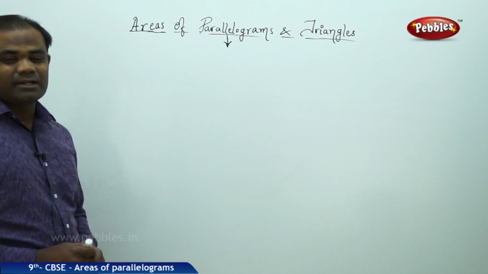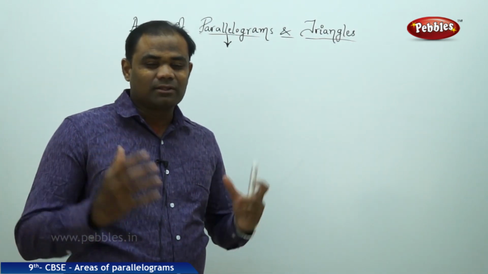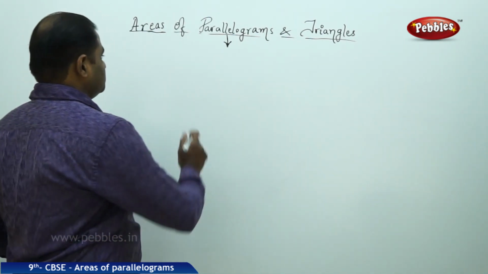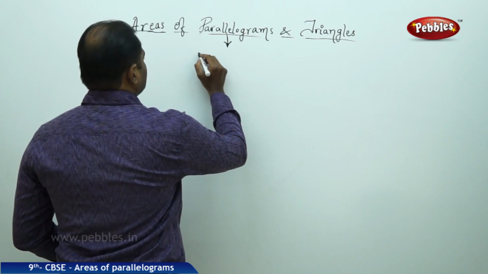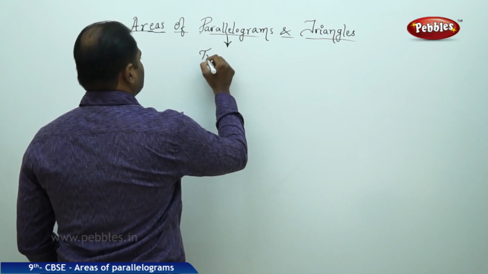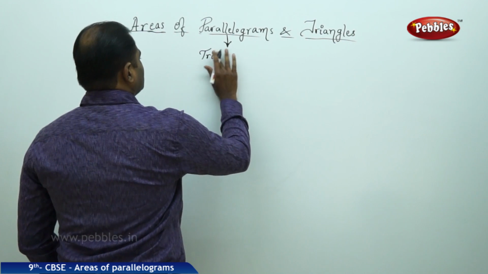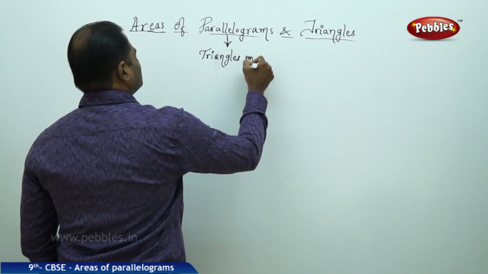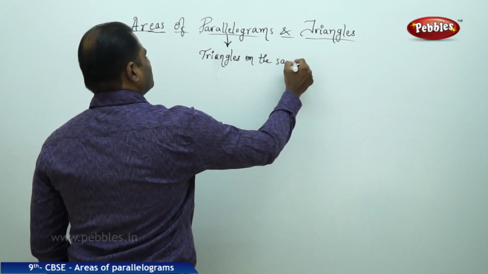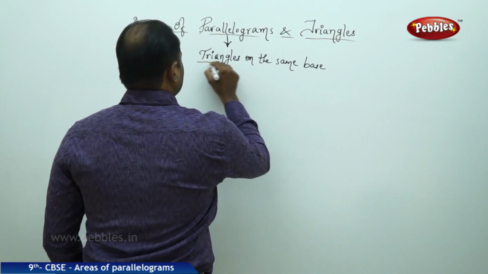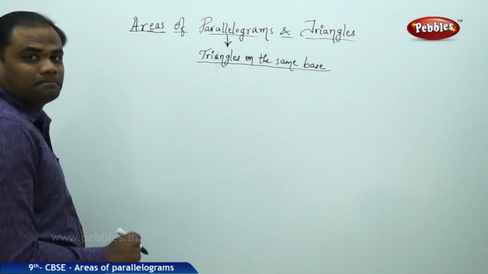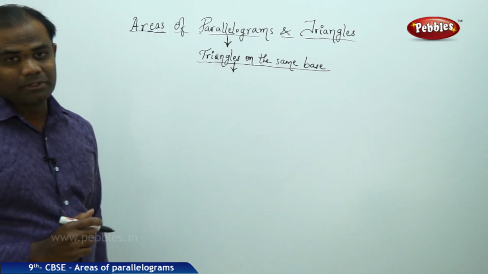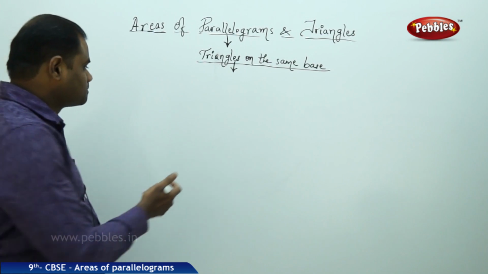Before we do that, let's understand the triangles which lie on the same base. Let's try to just recap what we have learned. Triangles on the same base. So here, let me try to understand how the triangles look between the same base and between the same parallels.